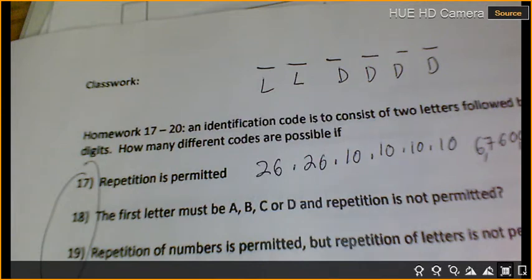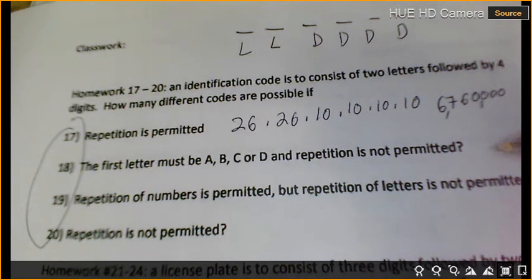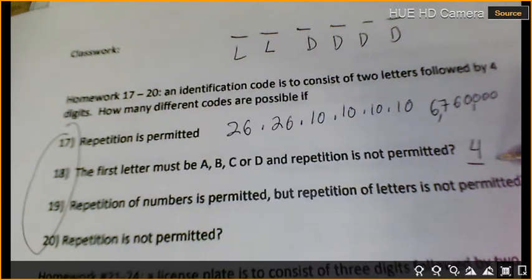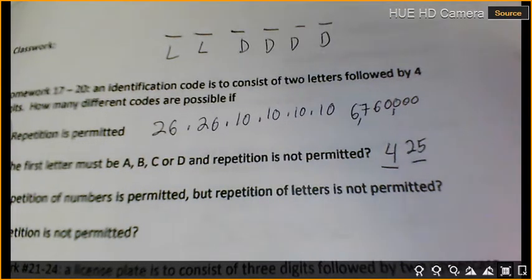So, 18 says the first letter must be A, B, C, or D, and repetition is not permitted. If the first letter has to be A, B, C, or D, how many possibilities are there? 4. The next one has to be 25, because we've taken away one letter, but we can have anything else.